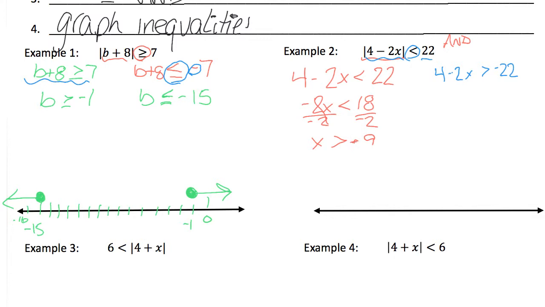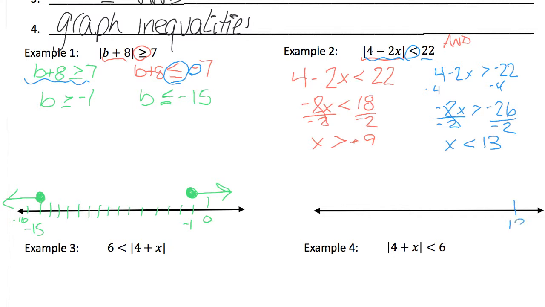So now we really have, well, x is greater than negative 9. And then we're going to subtract 4. So we get negative 2x is greater than negative 26. Divide by a negative. Again, remember that means we flip our sign.